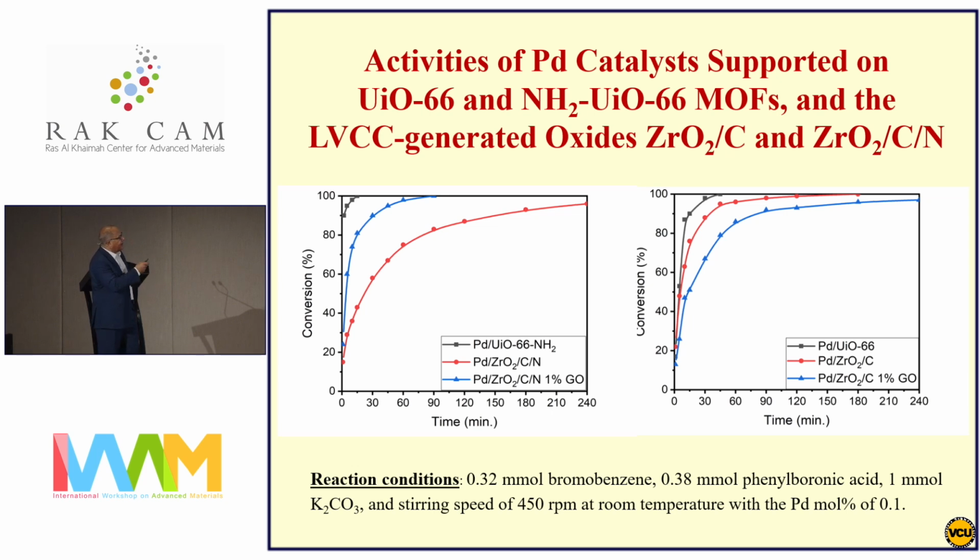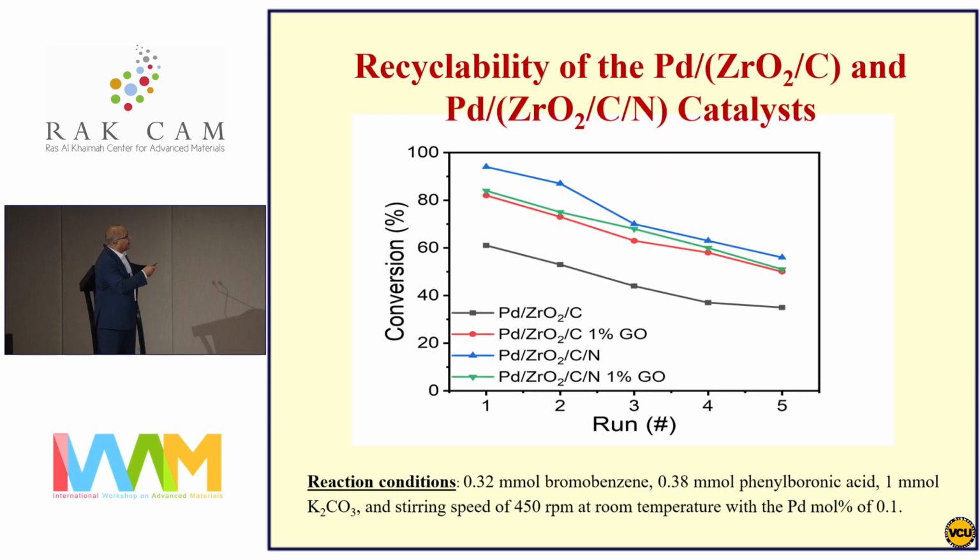But the advantage of doing this is we can now recycle this catalyst, and you can see here all of the catalysts that are formed after laser vaporization can be recycled, although the activity, as you can see, is lower than the homogeneous MOF systems, but they can be recycled over several times, and the activity is clearly reduced.